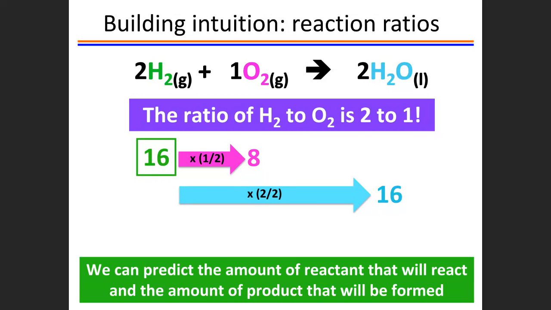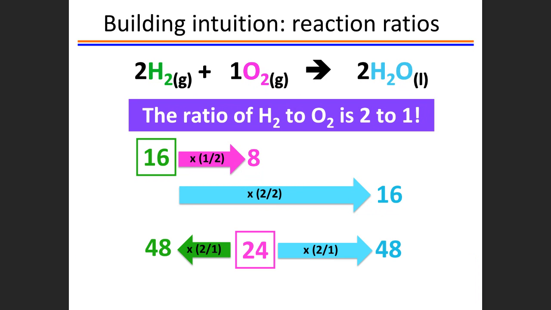So we can calculate the quantity from the ratio and from our knowledge of the atomic mass that we already have in the periodic table. We can predict the amount of reactant that will react and the amount of product that will form, and we can even find it from the mass in grams. That's called the mole, which we will be talking about here.